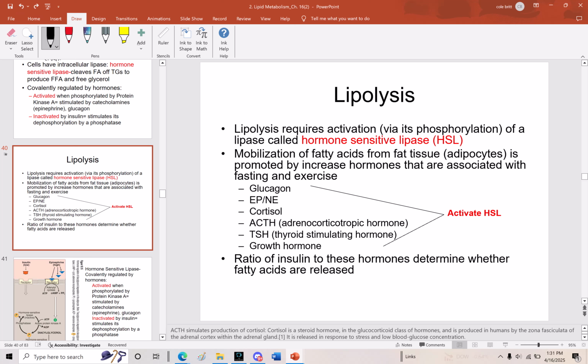Norepinephrine, that's what NE stands for. I usually just call it NE, and so do a lot of other people. Common acronym. And epinephrine is EP. These guys, and cortisol. So epinephrine and norepinephrine, the general population, do you guys know what they call this guy?